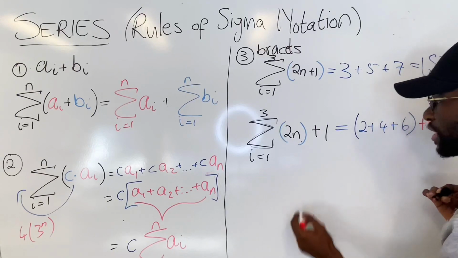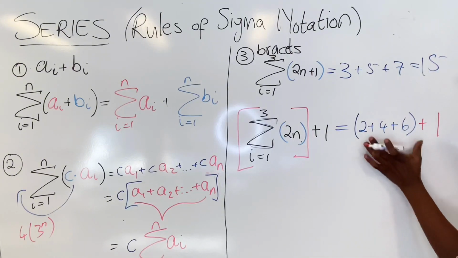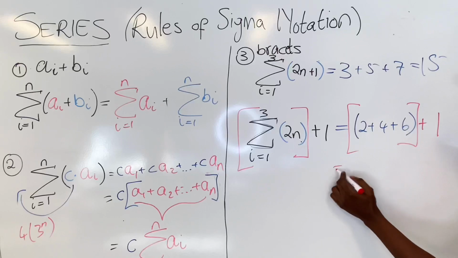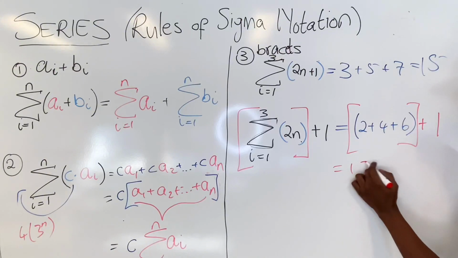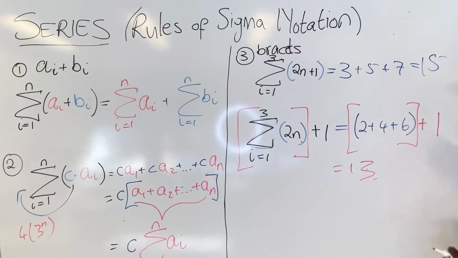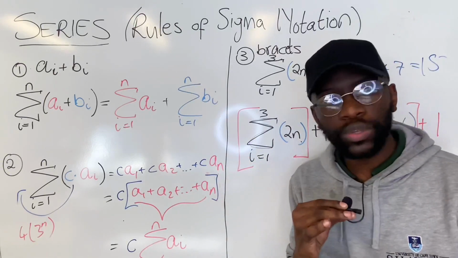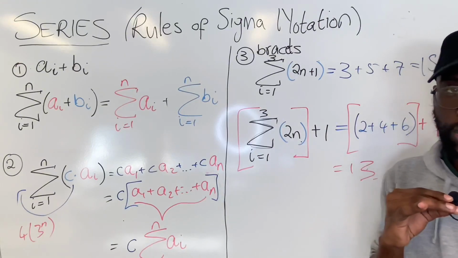So basically here we have this plus 1, and you can see that it gives us 13. It gives us 13 instead of 15, and they are not the same. So be careful as to where you put your brackets when you are working with sigma notation.